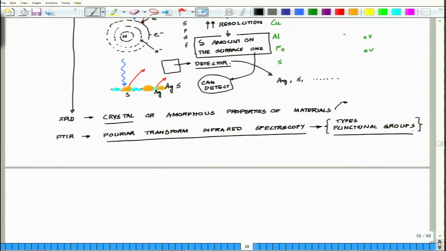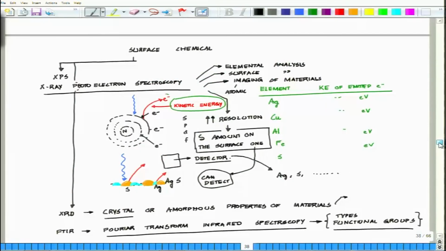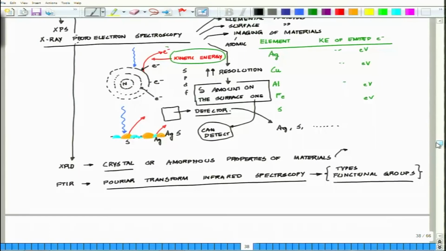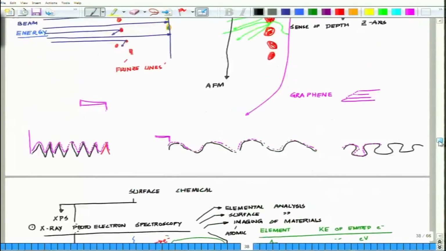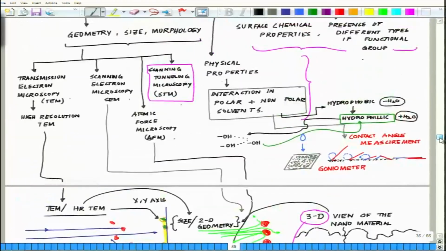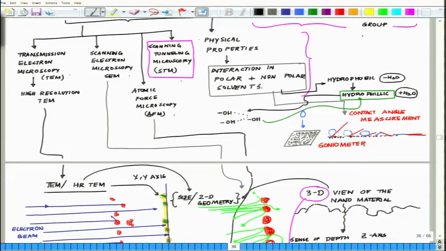So if we had to summarize what you can do from this, in the surface chemical techniques, you have XPS, XRD, and FTIR. Prior to that, you can figure out the physical properties in terms of their interaction with water.